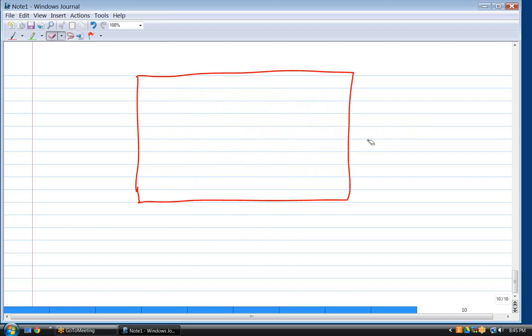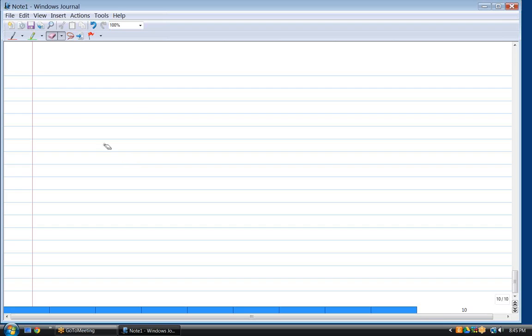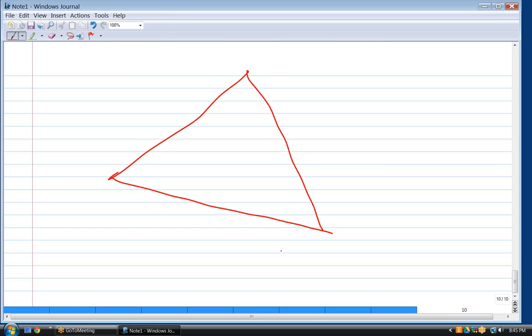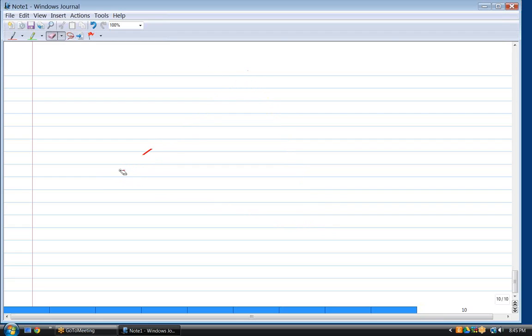I'm not sure what they want on this one. Okay. The next one is asking the exact same thing, except it's a triangle. And yep, it's a right triangle. There's one right corner, the lower.